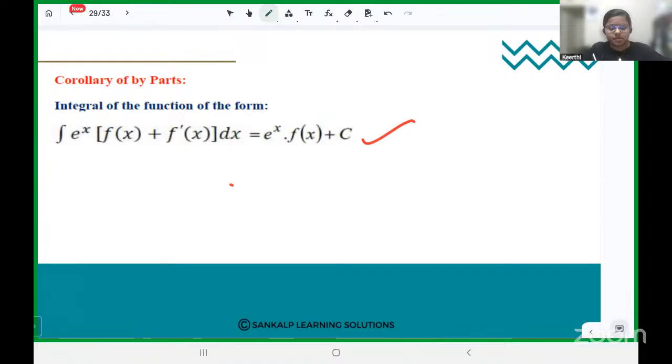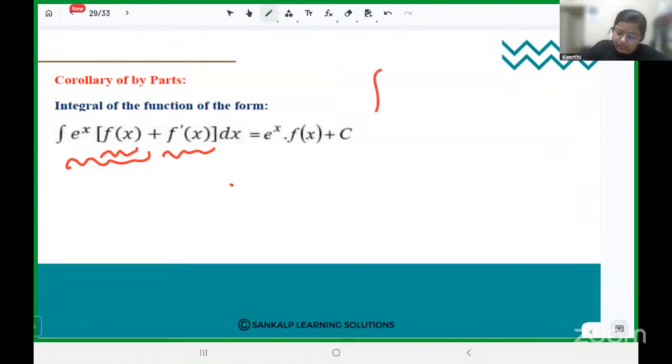This is a method and you have to study this. Here you can see that it is f of x, and if the derivative is given there, then the integral of that function will be e raised x into f of x plus c. I'll explain it with the help of an example.